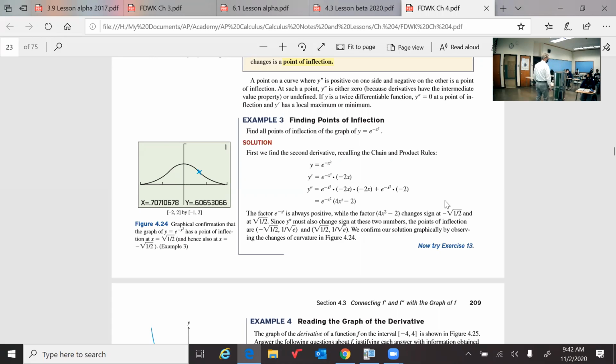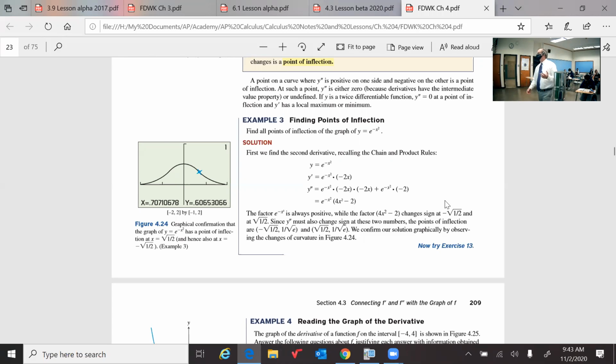But, converse error, if the second derivative is 0 or fails to exist, you do not necessarily have a point of inflection. You have to confirm the sign change. And that's what College Board is going to do. Those are the type of questions you're going to get in the spring to test your depth of this knowledge.